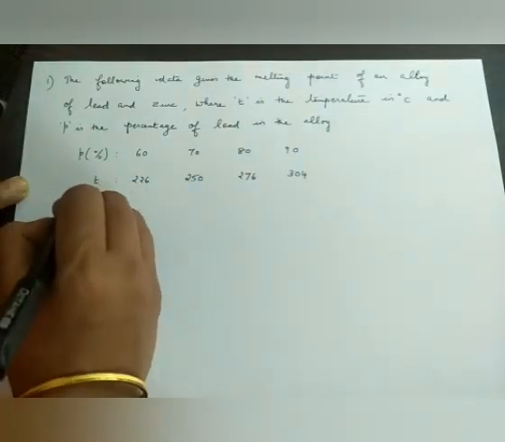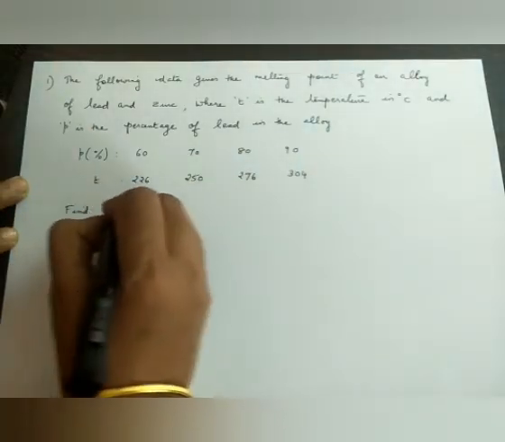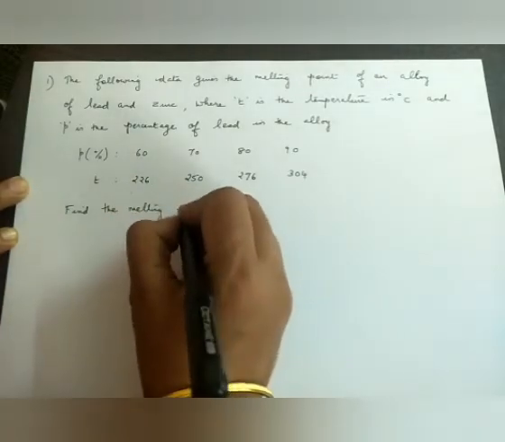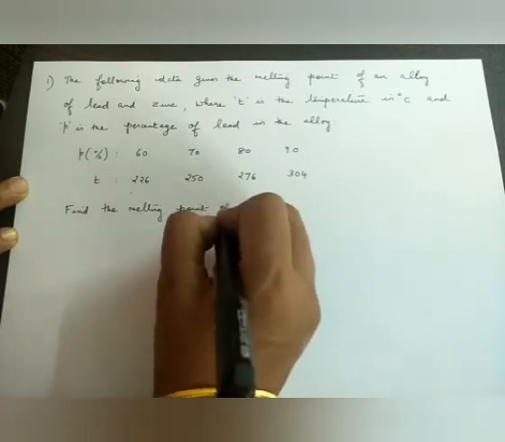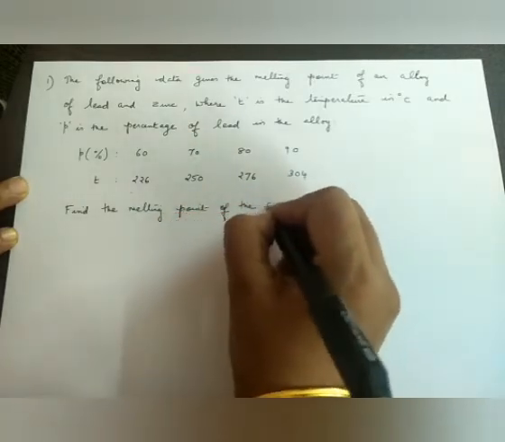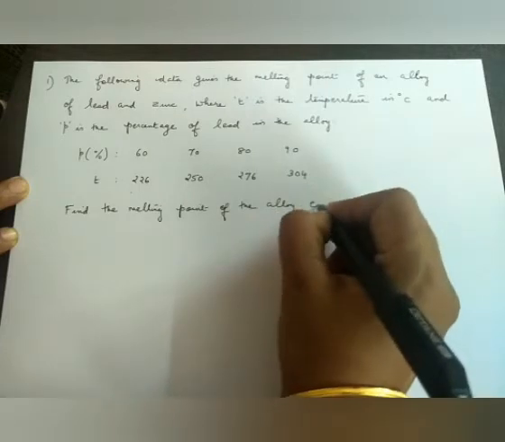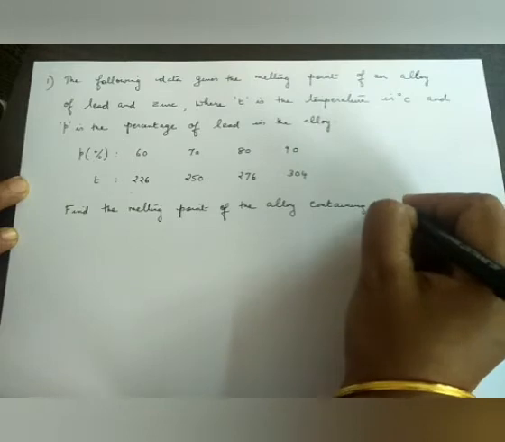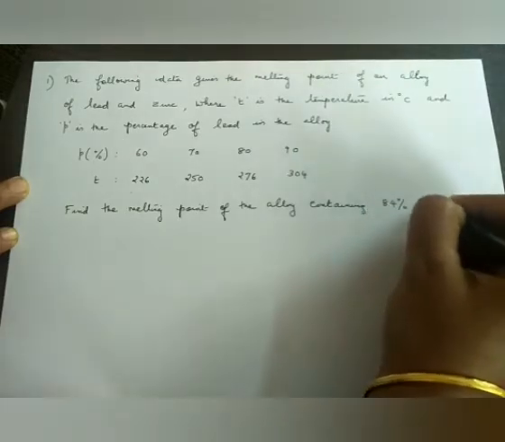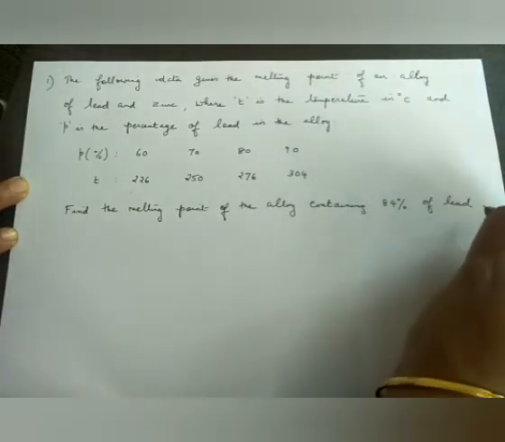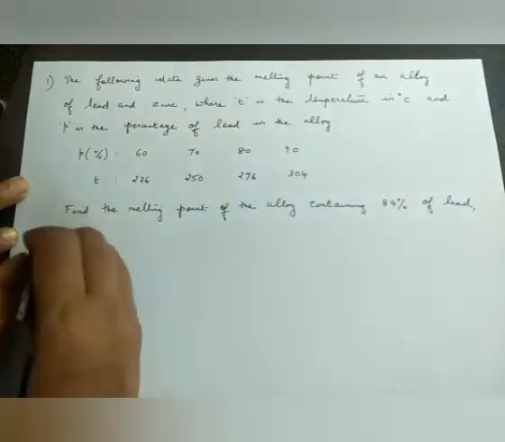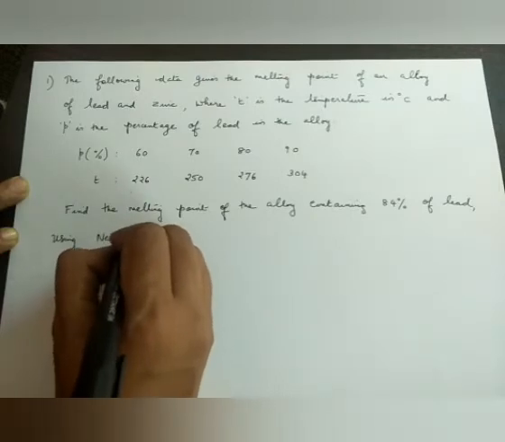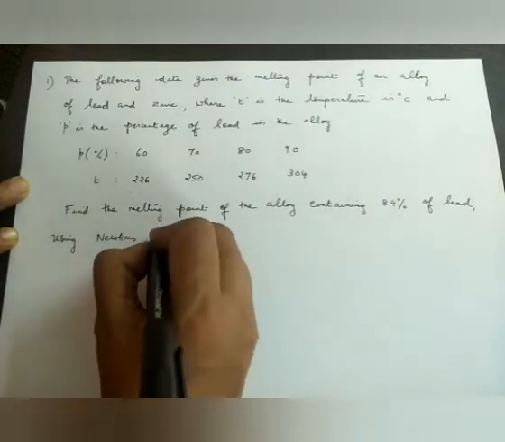Find the melting point of the alloy containing 80% of lead using Newton's interpolation formula.